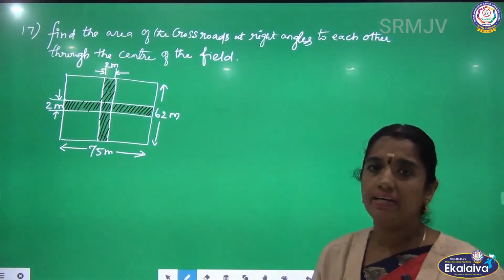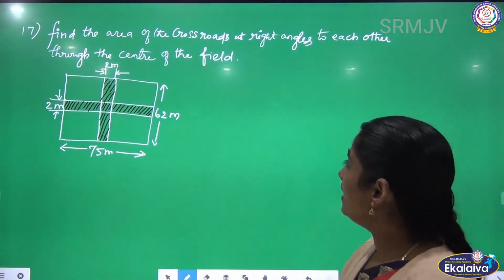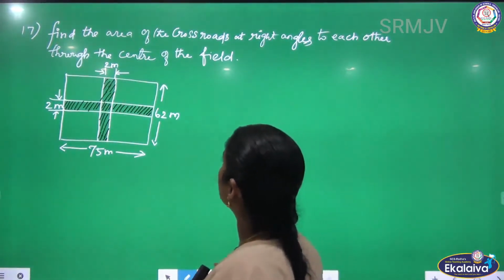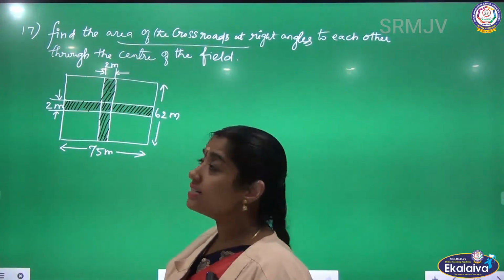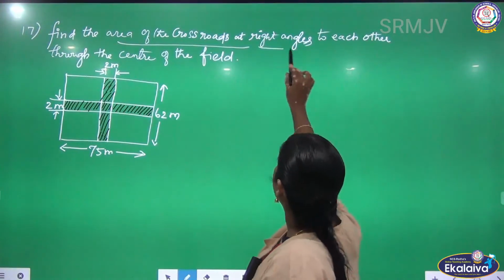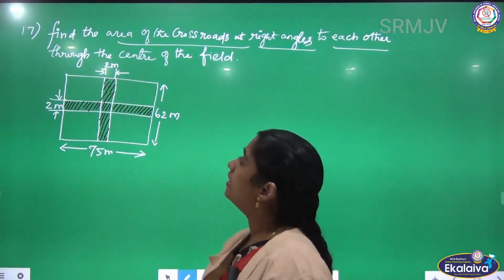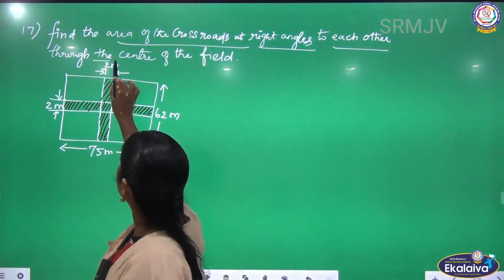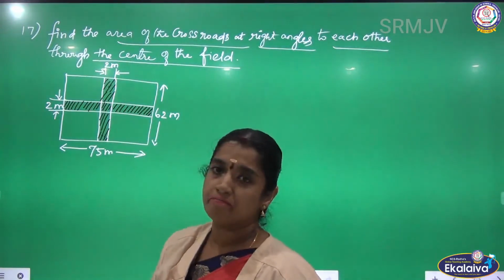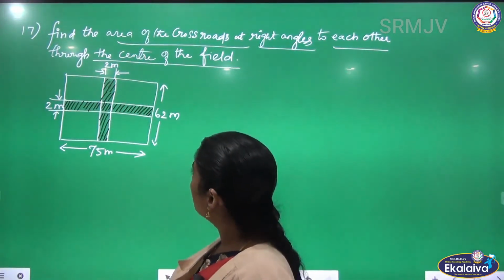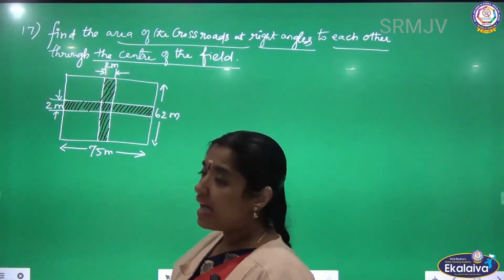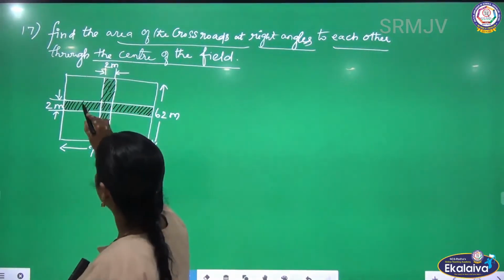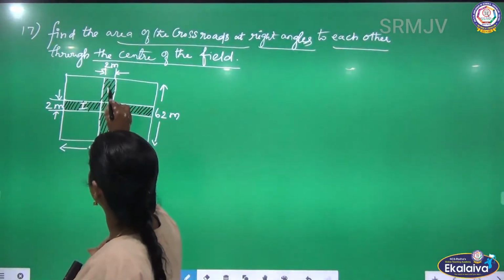Listen, see the 17th sum. Find the area of the crossroad. I am going to find out the area of the crossroads at right angles to each other through the center of the field. A rectangle dimension is given, as well as the two crossroads. This is 1 and this is 2.